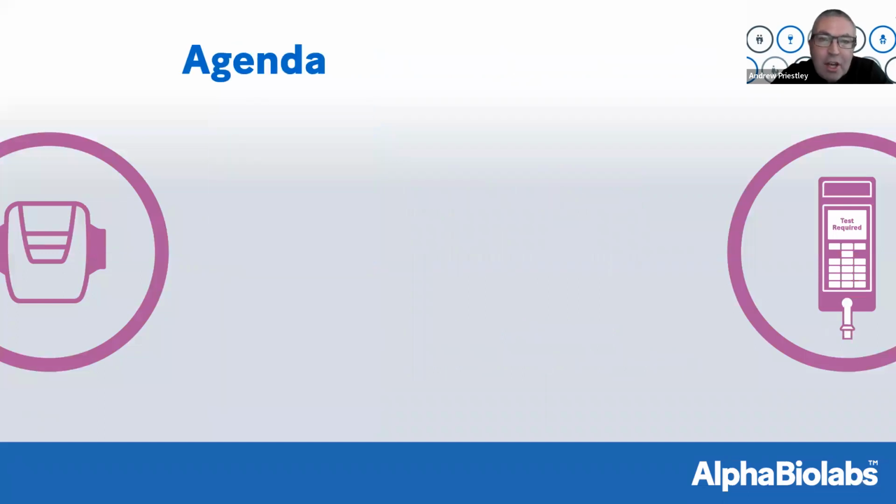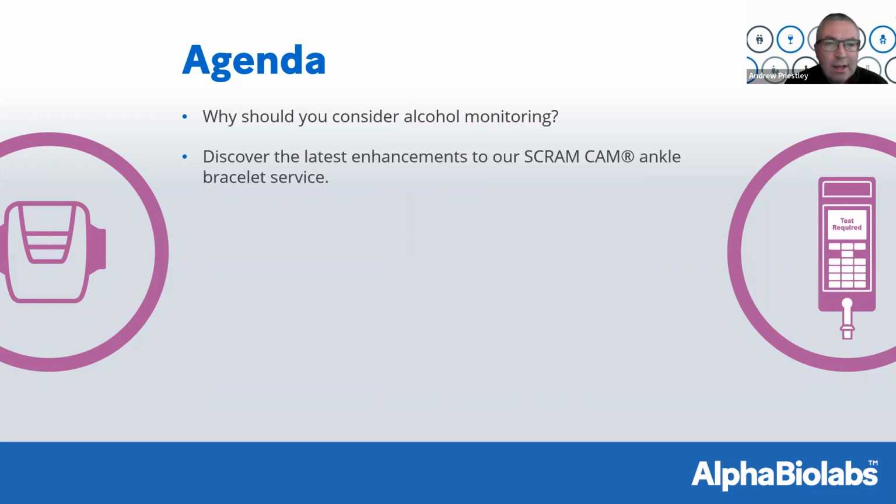With regard to the agenda, we will keep it to within the 30 minutes this morning, conscious that you have busy days ahead of you. I will set the scene by talking about how you should consider alcohol monitoring. Then, with Ashley, we will discover the latest enhancements to the Scram Cam ankle bracelet service.